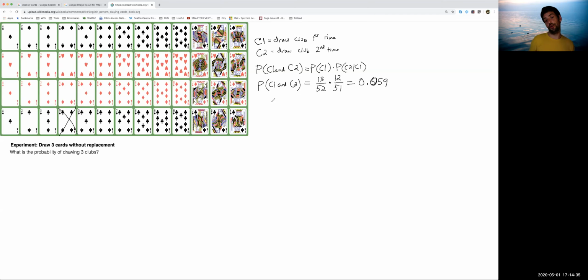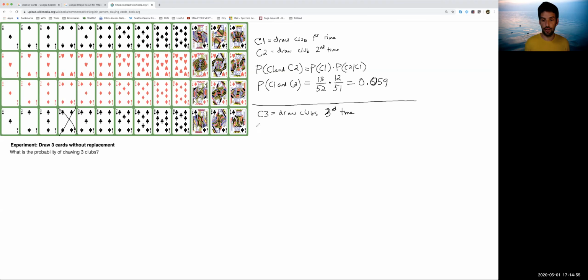Okay, so that wasn't the question that was asked though. Let's add a third. I'm just going to add an event now. C3 is equal to draw a club the third time.